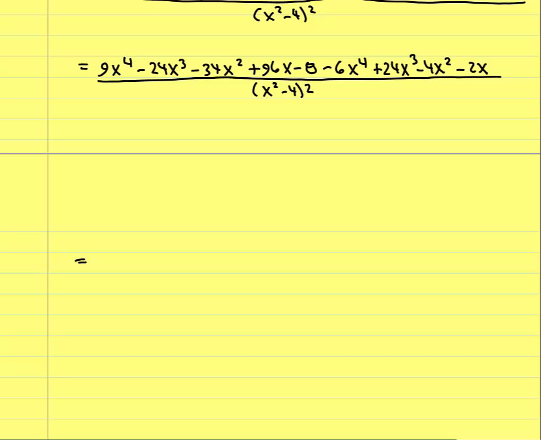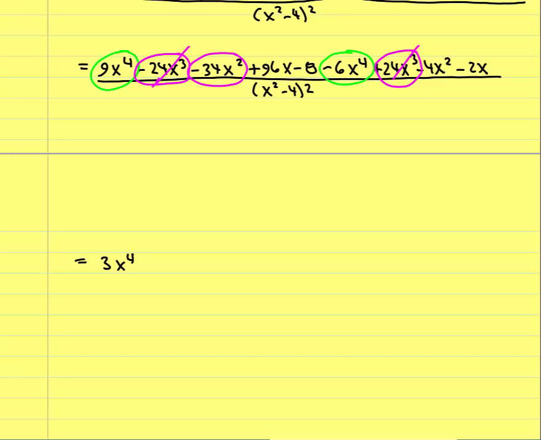Now what I want to do up on the top is combine all the like terms I can. So I have 9x to the 4th minus 6x to the 4th. 9 minus 6 is 3x to the 4th. Okay, my next lowest power, I could probably look at the cube. So I have a negative 24x cubed, positive 24x cubed, and they cancel, so I actually get 0 out of that. And then let's look at our squareds.